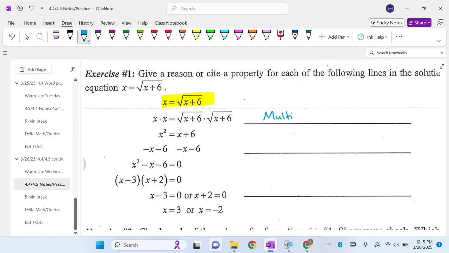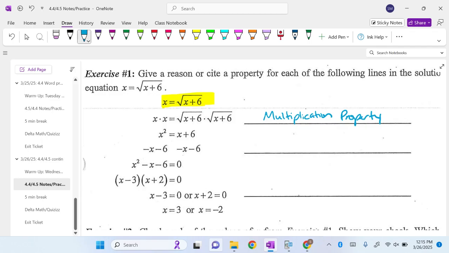Because let's say that x was a and b and x plus 6 was c and d, or vice versa, that's still the multiplication property. We can do that. We can multiply the same thing to different things because that's the same thing as squaring it. It's totally fine if we square it.